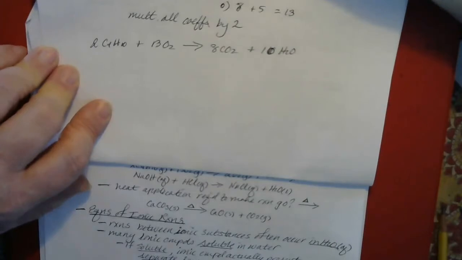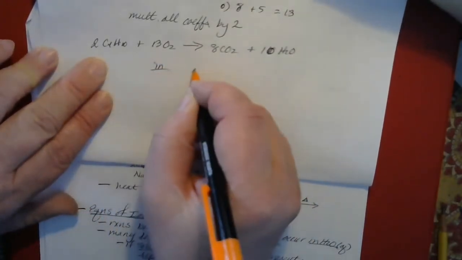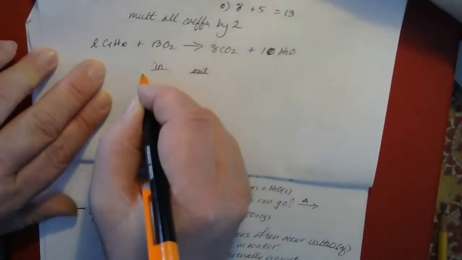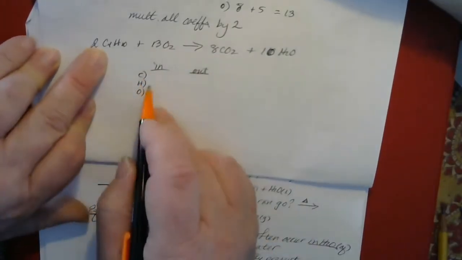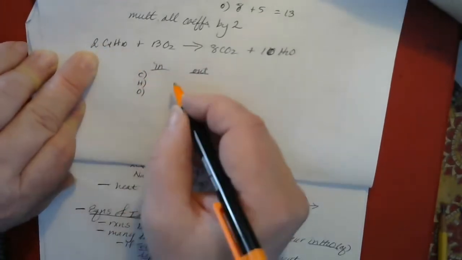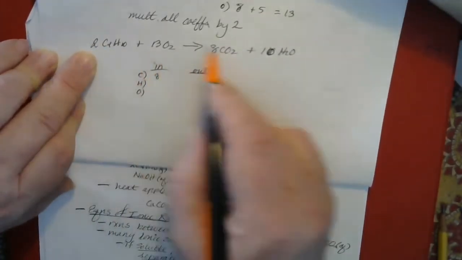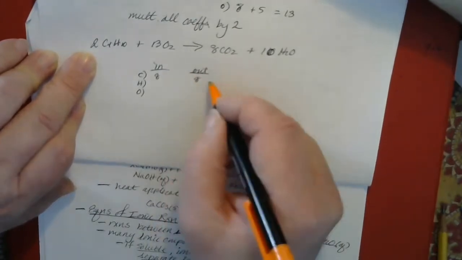And that should be balanced, but you always want to check. Okay, so for carbons going in, we have 2 times 4, or 8. For carbons coming out, we have 8 times 1, or 8.